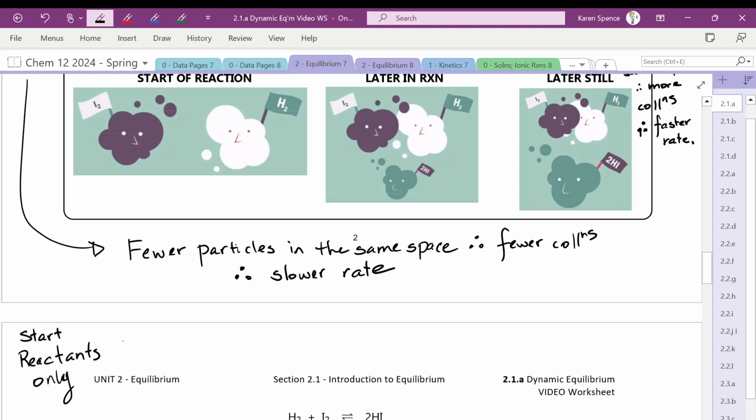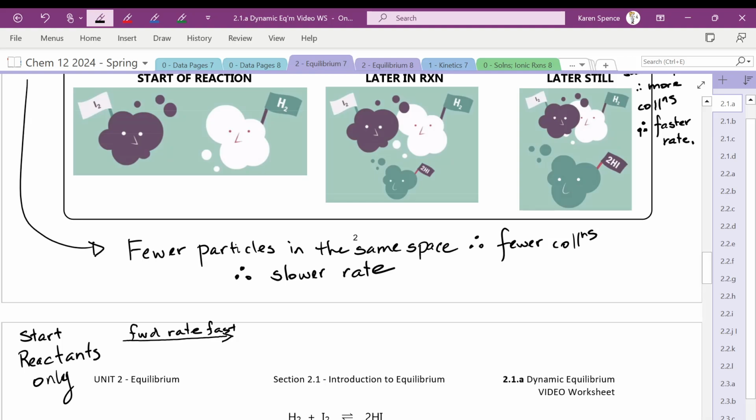And our forward rate, we're going to represent the rate by the size of the arrow. So the forward rate is fast. Yes? FWD means forward, so the forward rate is fast. At the start, when we have reactants only, what is the reverse rate?